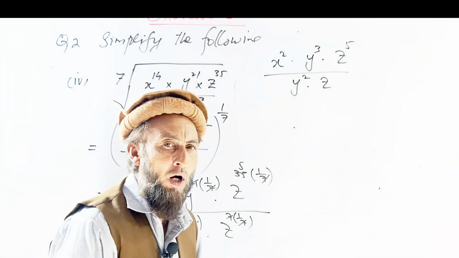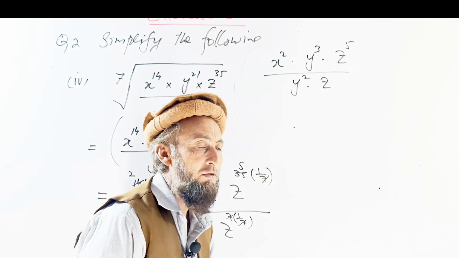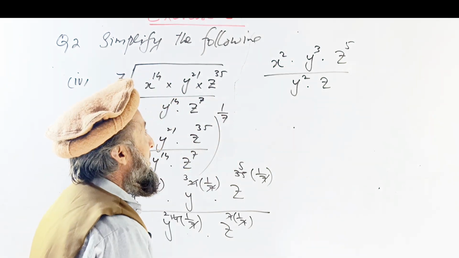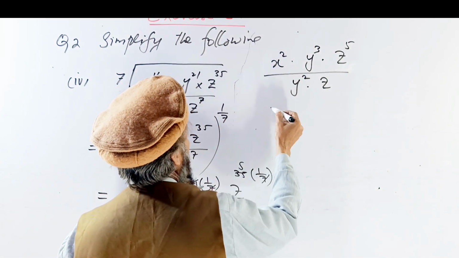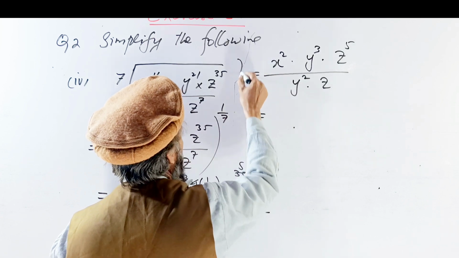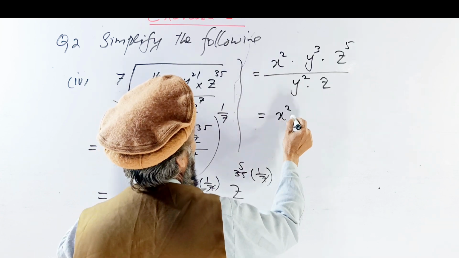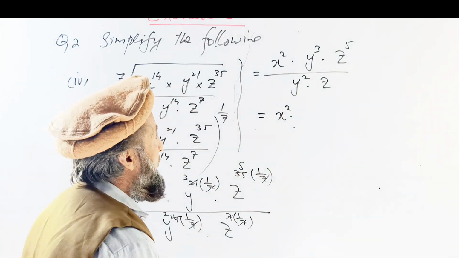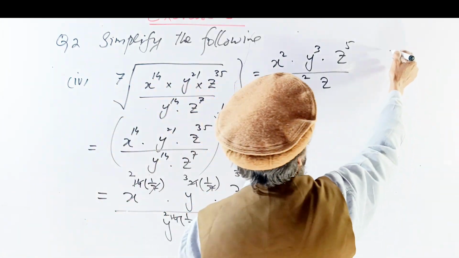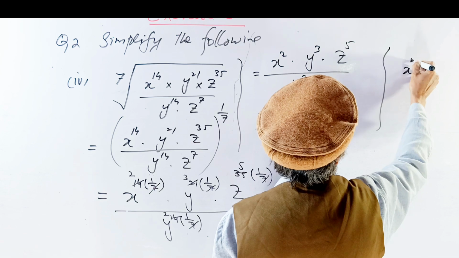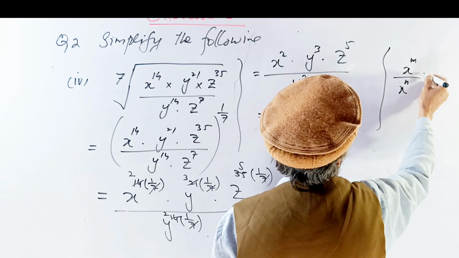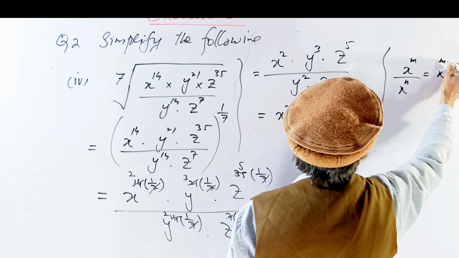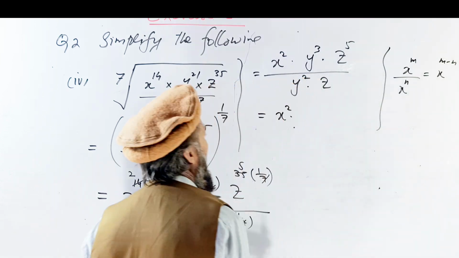Simplify means that you need to use some principles, some exponent rules. Here x square is not available in the denominator, so we write x square, and here we use the quotient rule, or division rule, when bases are the same. When bases are the same and division is available, we take one base and subtract their powers.